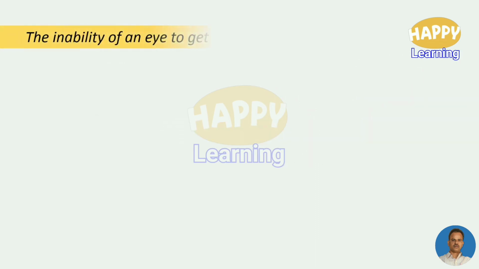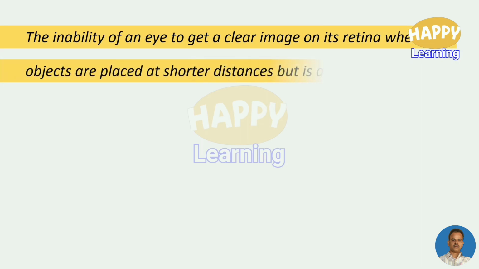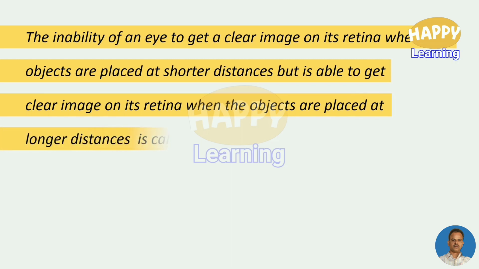The inability of an eye to get a clear image on its retina when the objects are placed at shorter distances, but being able to get a clear image on its retina when the objects are placed at longer distances, is called hypermetropia.